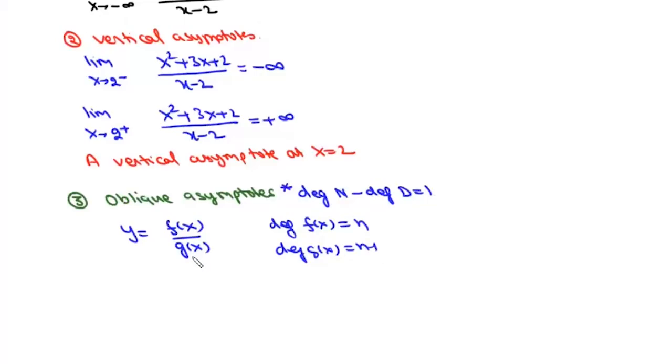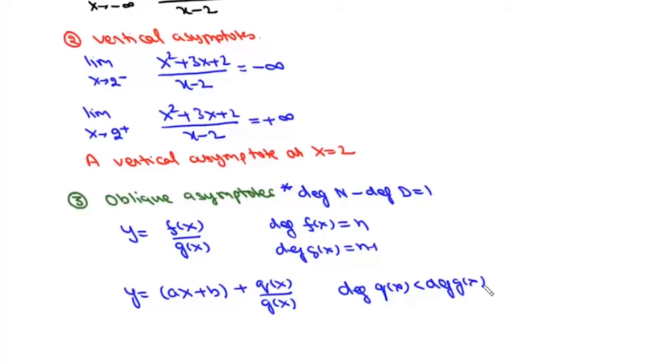So basically we can divide fx with gx using long division or synthetic division. So when we divide it, we can write this as y equals ax plus b plus some qx upon gx, where degree of qx now is less than degree of gx.